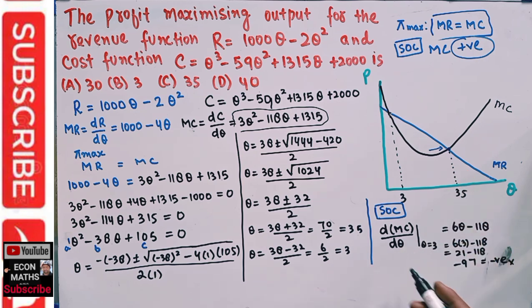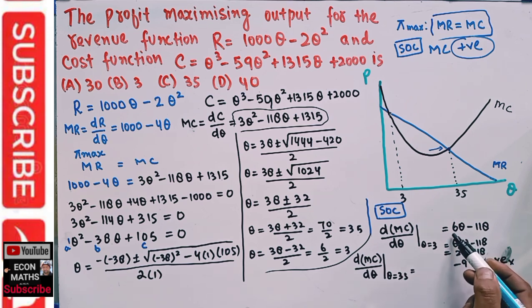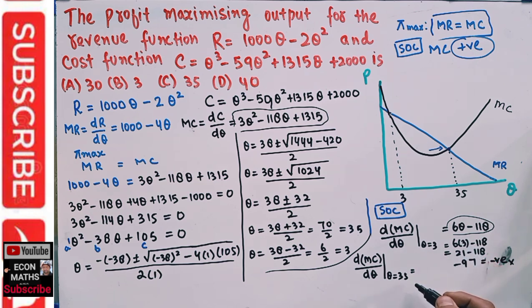Now what about when q is equal to 35? Again, we take the derivative of the marginal cost function with respect to output and evaluate it at q is equal to 35 this time, to see whether its slope is positive at that point or not. So this is our slope of the marginal cost function, and we evaluate it at the critical point q is equal to 35.